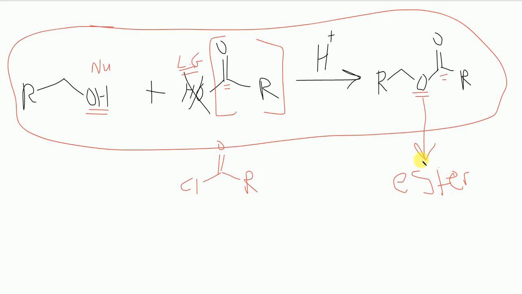This is the ester. I have an R, right? I have the O, I have the carbonyl, I have another R group. So essentially this structure is the ester, okay? So this is what we form. Fischer esterification.